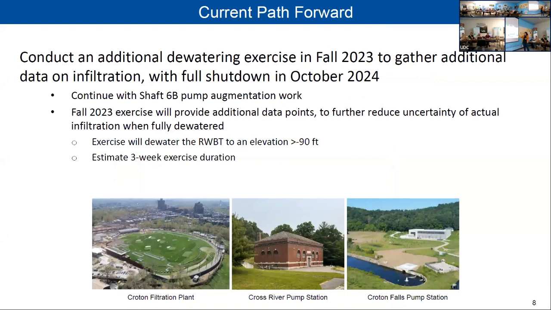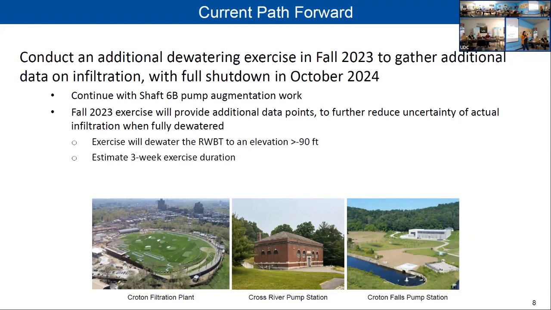On October 16th, which is a Monday, we are going to shut down the Delaware Aqueduct, and we're going to do this dewatering exercise again. The plan is that we're going to go more than -90 this time. We're not going to go any further than 350 feet below sea level, so we're going to take it about halfway.